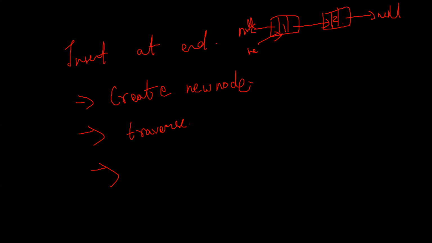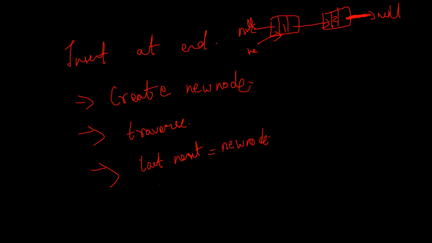After traversing, curve dot next will be pointing to my new node, right? So my last node's next will be pointing to my new node.